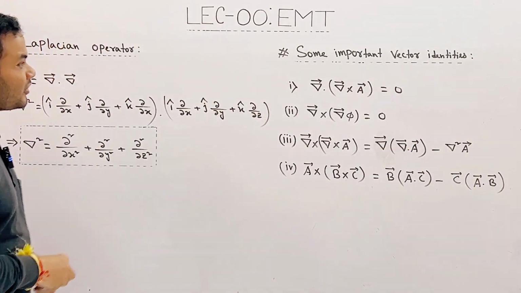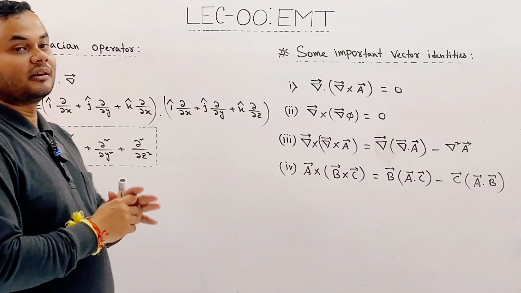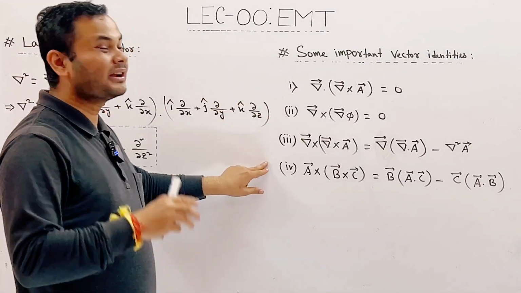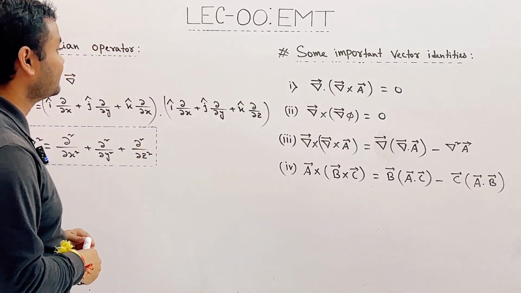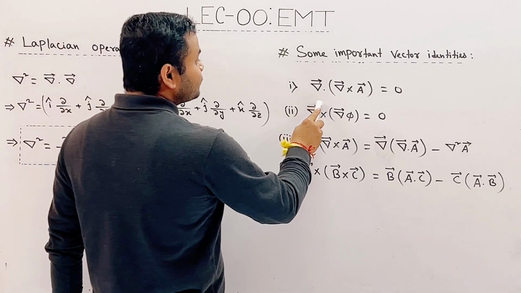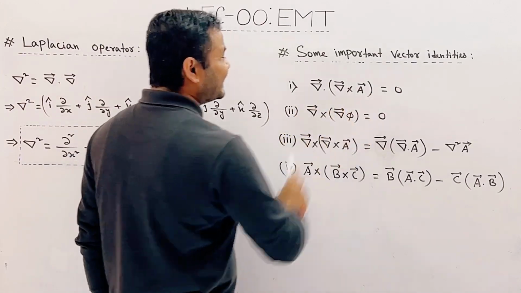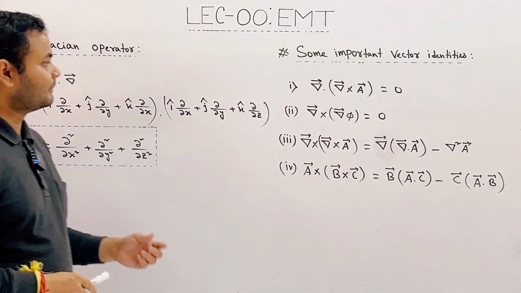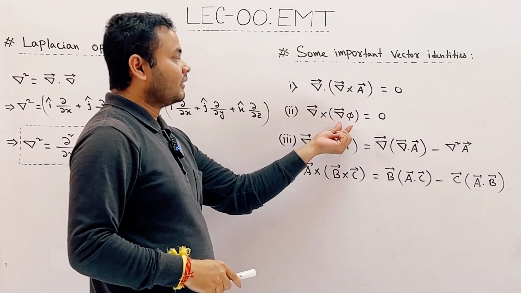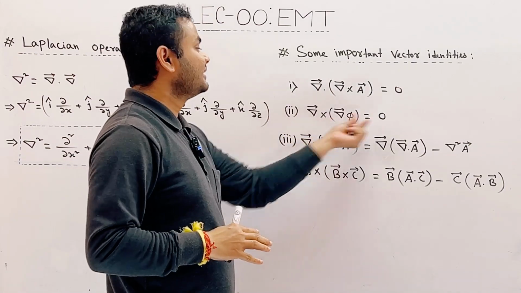Students, I strongly recommend all of you please remember at least these 4 important vector identities. Number 1, divergence of curl of a vector field is always 0. Number 2, curl of gradient of a scalar field is 0.